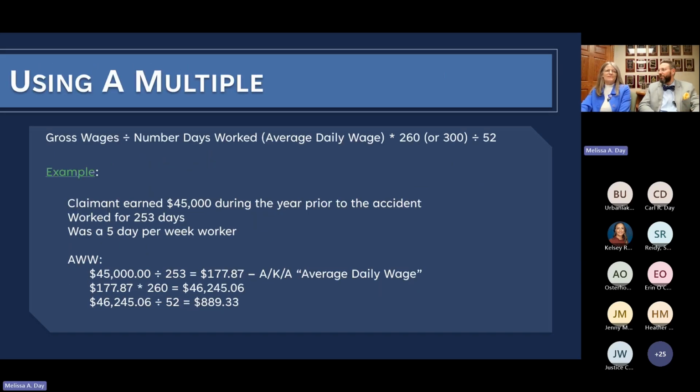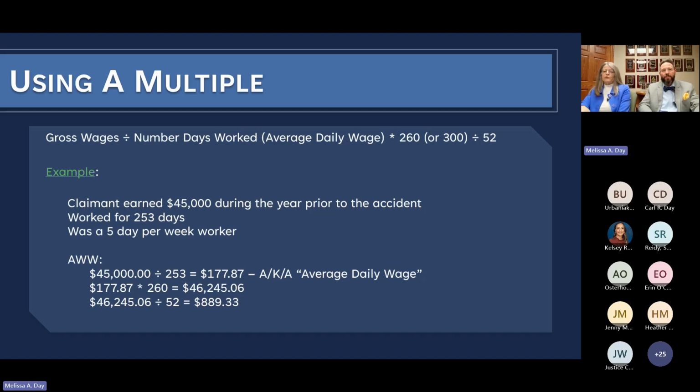Well, a multiple is a really strange and sometimes overly convoluted way to figure out how to calculate an average weekly wage. It also usually means that we end up paying more than what you might with just a straight divisor. So to put it in words, the simplest thing you do is you figure out how much they earned per day where they actually worked, in air quotes, and then you multiply it out by the multiple to create a synthetic yearly earning, and then you divide by 52.